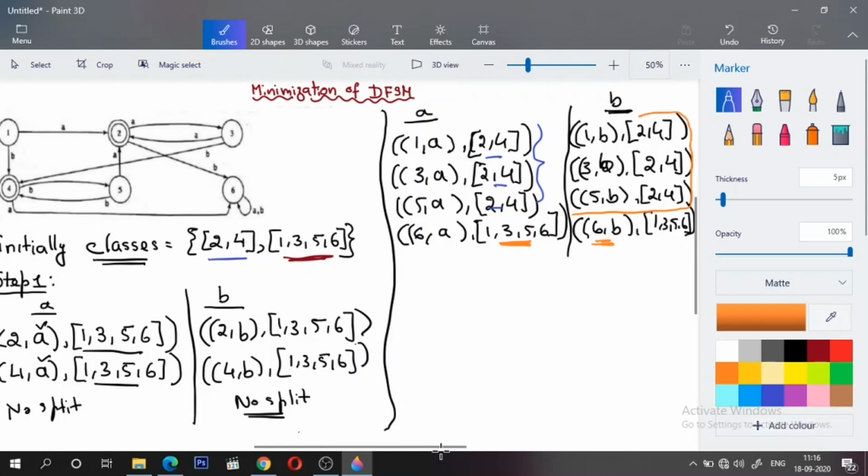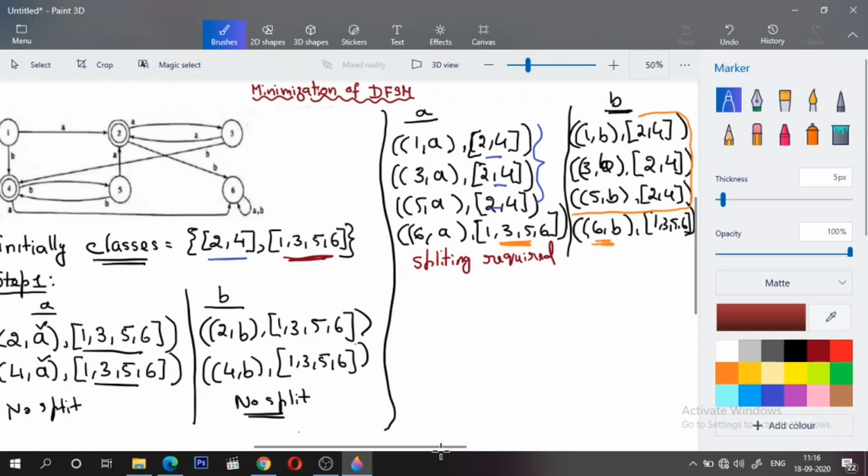So there is no further splitting. So suppose 1 upon B had made a transition to 1, 3, 5, 6, then there would be a further split among 1, 3 and 5, right? But since it made a transition to the same set, that is 2, 4, there is no further splitting, right? So I can make a small note here: splitting required.